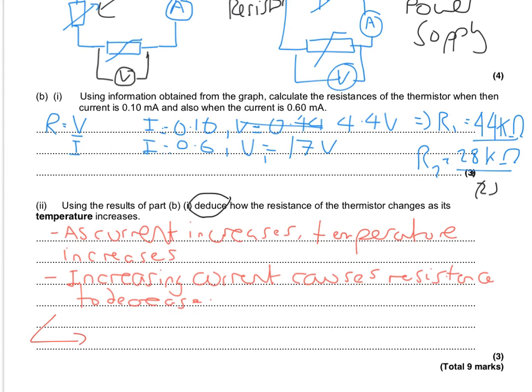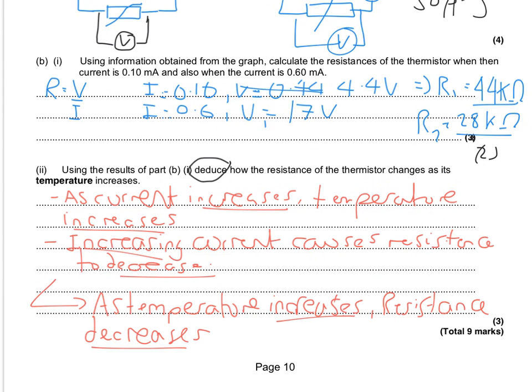Using those two statements, we can deduce that as temperature increases, the resistance decreases. And so there we have the full 3-mark explanation. To start with, current increases, temperature increases. Current increases, resistance decreases. Putting those two together, therefore temperature increasing causes resistance to decrease. And that's how we do this question.